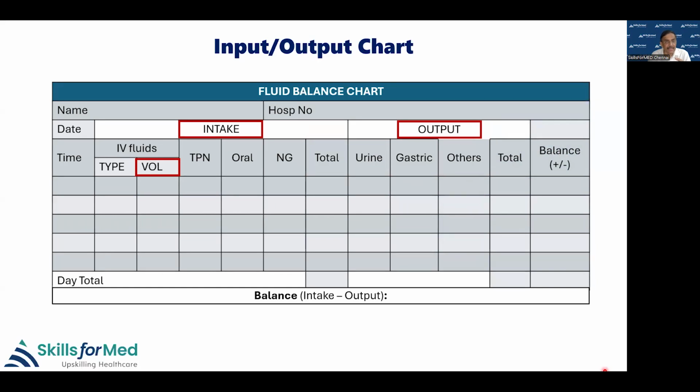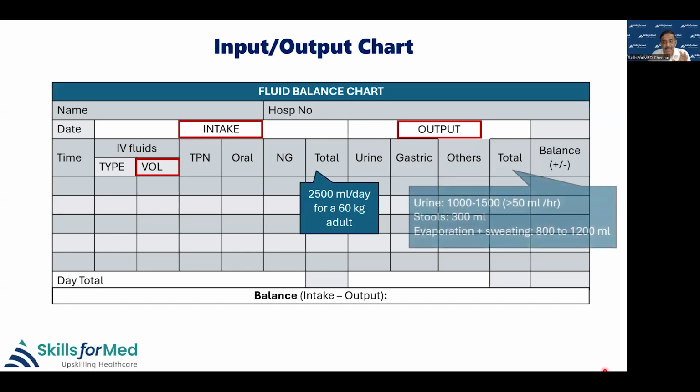Okay, so basically, what is the volume? We already know the patient should get around 2500 ml for a 60 kilogram adult, and the output should be roughly about a liter to a liter and a half of urine and 300 ml of stools, and evaporation loss will be around another liter. So in the output chart, the evaporation and sweating is not charted.